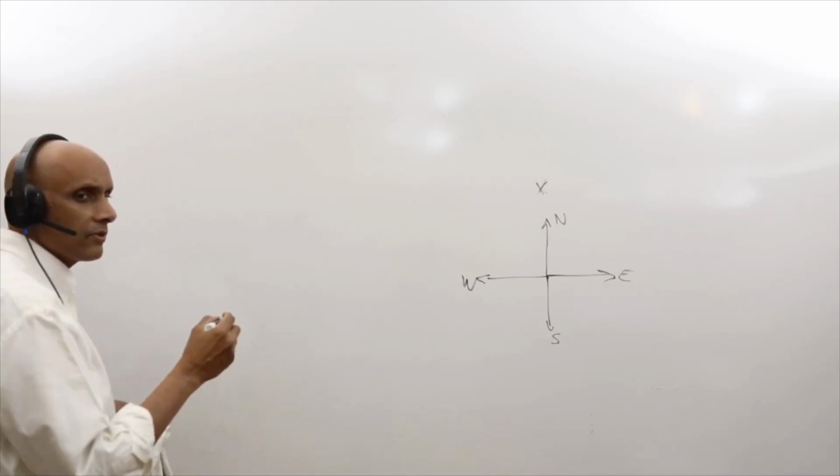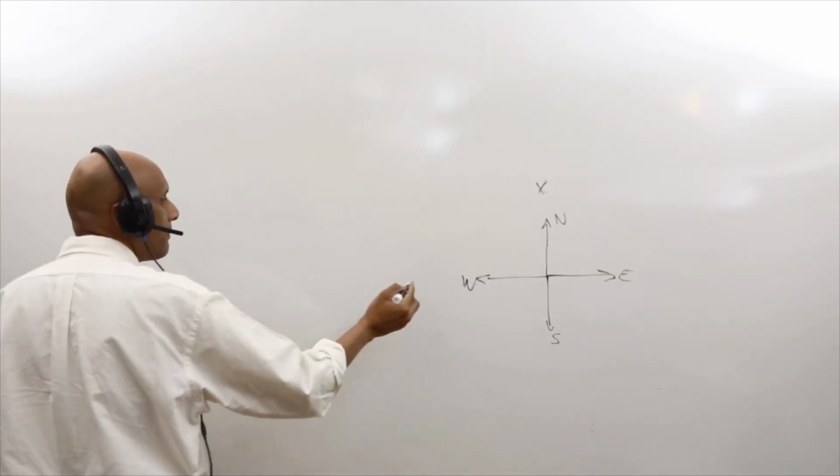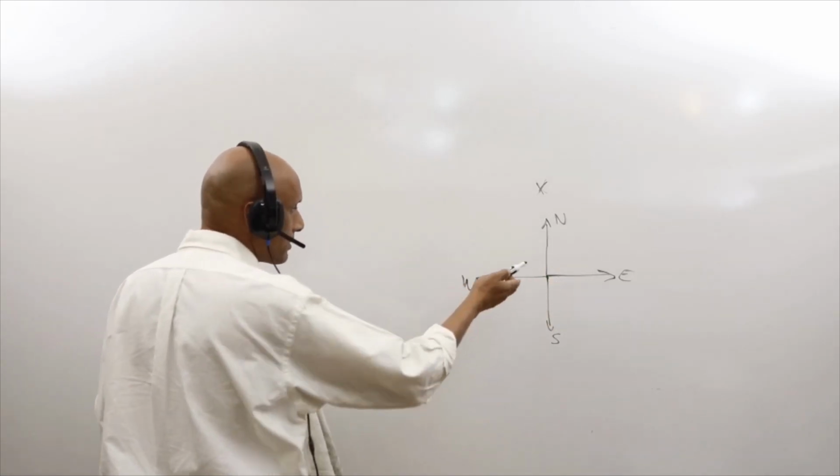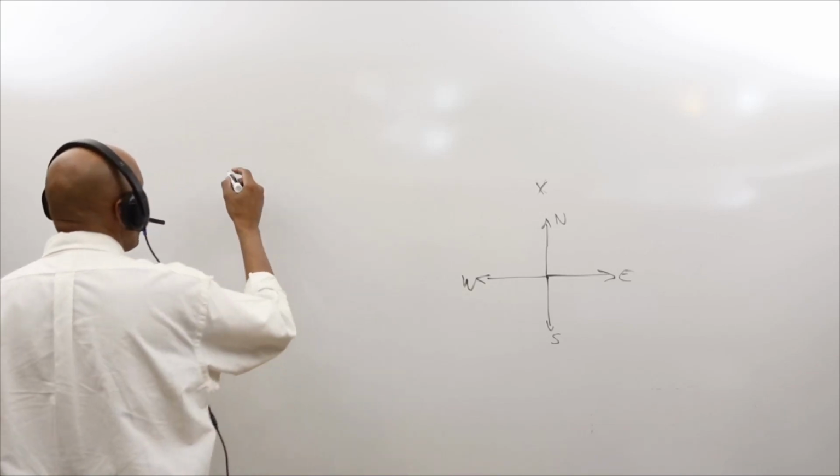And I'm going to ask myself the following problem. Imagine I'm at the origin of some system, at some point on the surface of the Earth, and I do the following.